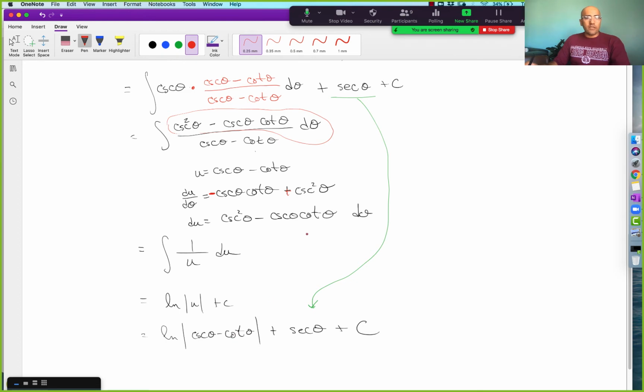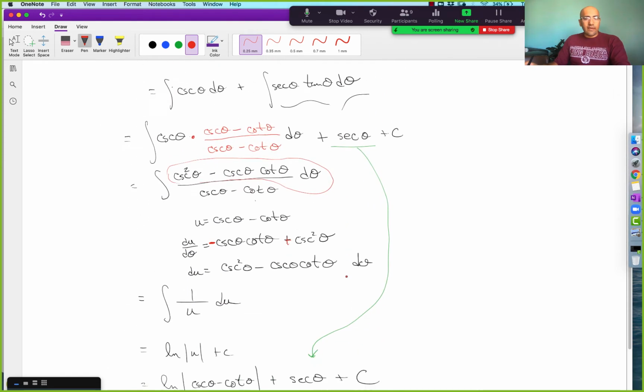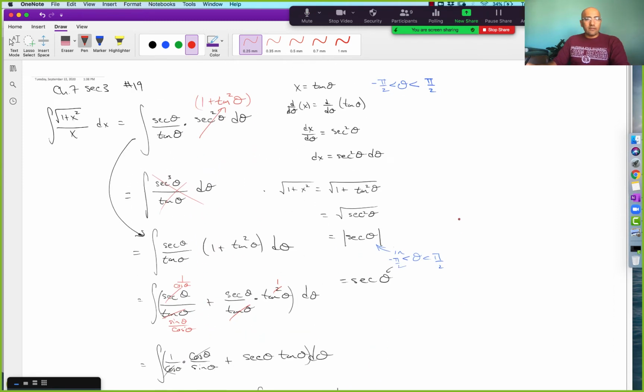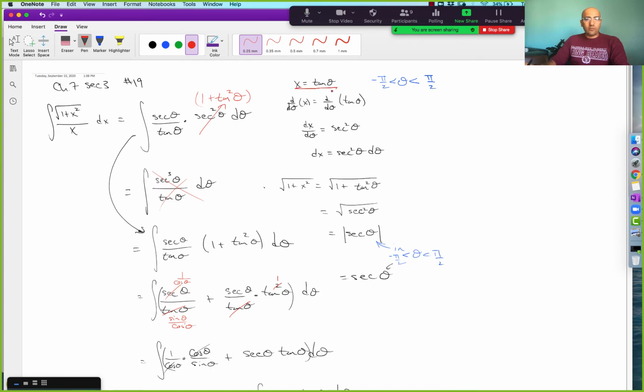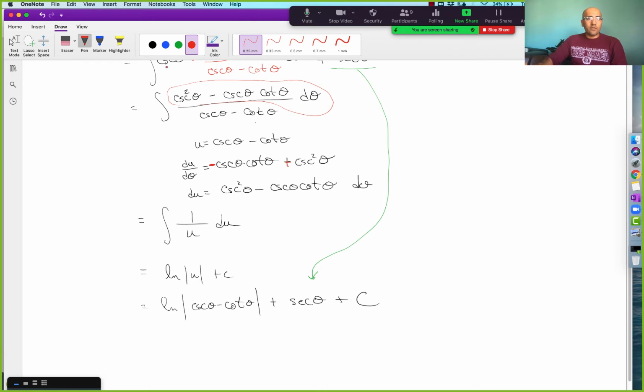Okay, so we're almost done, except the original question was, of course, written in x. We had a bunch of x's running around. So now we've got to come back and find a way to rewrite all of this using x. And so we go back to our definition for x, which was x equals the tangent of theta. And I can use a little triangle. x equals tangent of theta, or I can just flip it around and say tangent of theta equals x over 1.